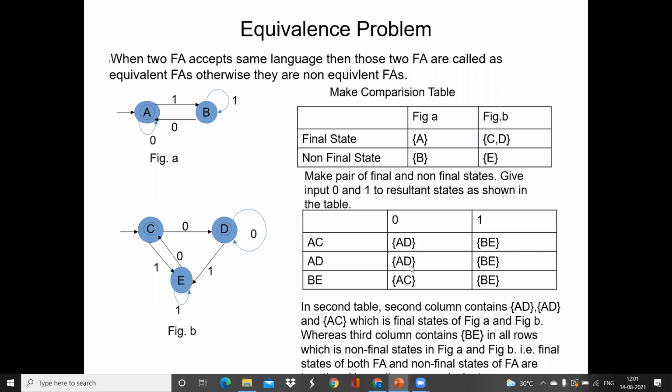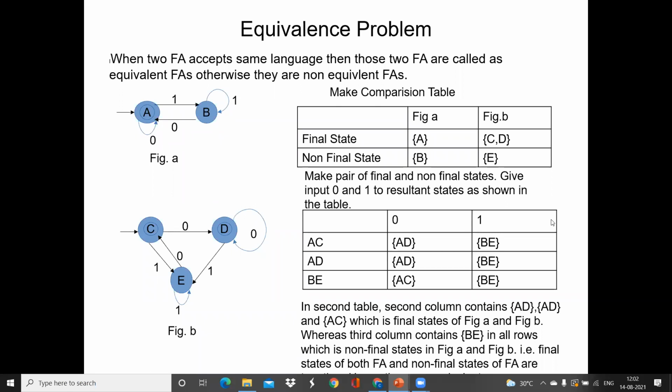Now, if you observe the second column, whatever you are getting, AD, AD and AC, these are all from the final states A, D and C. So this second column contains only final states, whereas the first column contains only non-final states. Because the third column contains only non-final states and the second column contains only final states, we will say that these two finite automata are equivalent.